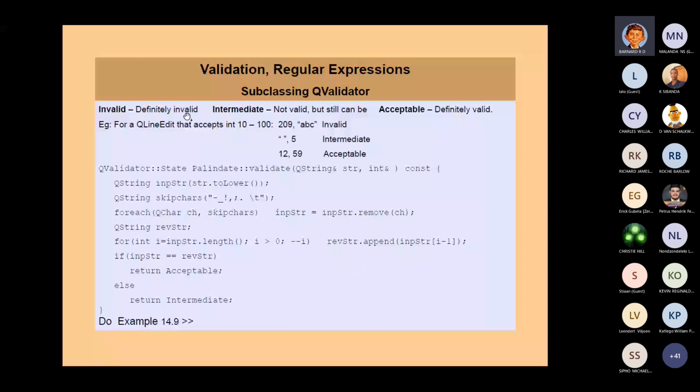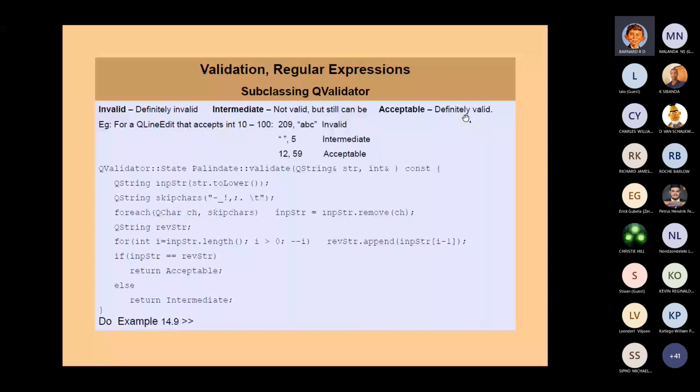It can't be fixed. If it's intermediate, it means it's not valid yet, it doesn't comply with the requirements, but it still can become valid. So it is still possible to fix it by adding on something more. It's something that's not yet valid, but it is possible for it to become valid. And then something that is acceptable means it is definitely valid.